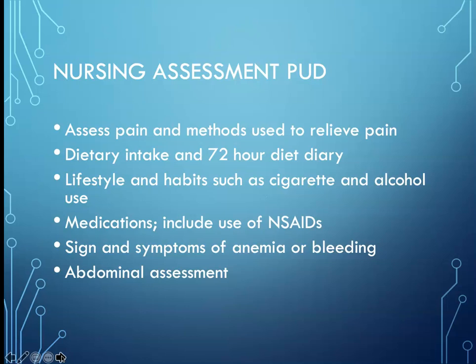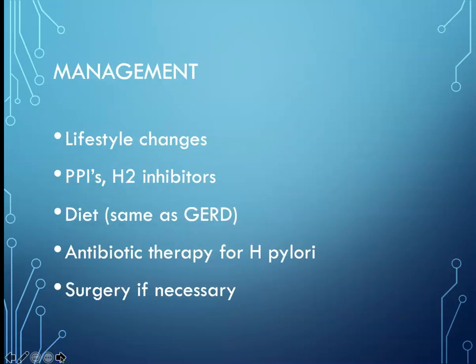Whenever a patient has PUD, they will have tenderness when you press on the abdomen, and they will tell you what areas are affecting them. So like we mentioned, lifestyle changes, PPIs and H2 inhibitors.